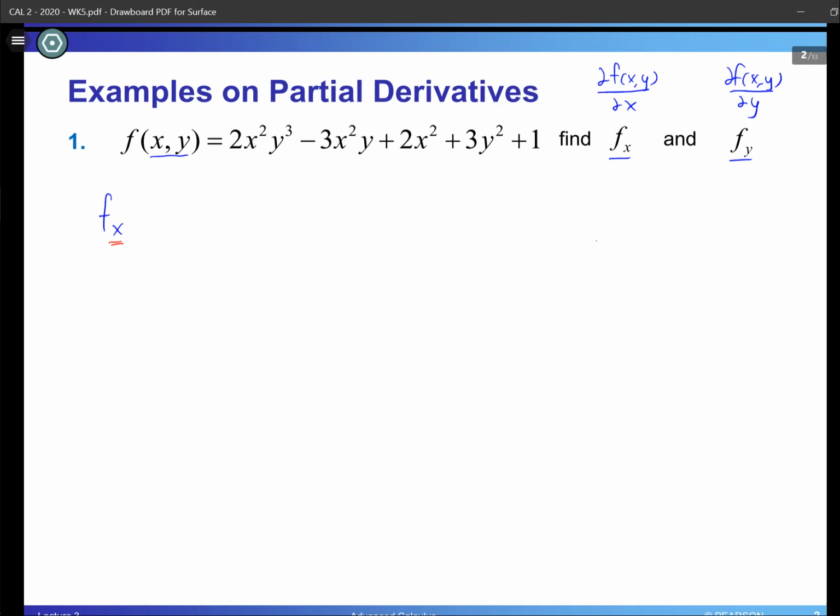So please make a note right here. In this case, for fx, we are going to treat y as a constant, which means that y is not going to change. All we need to do right here is to study the value of x. So let's find out about this fx.